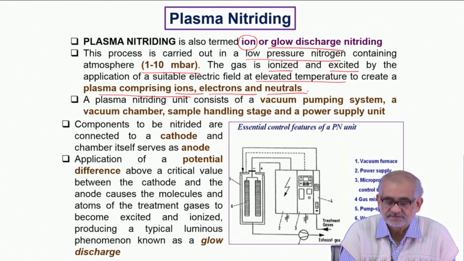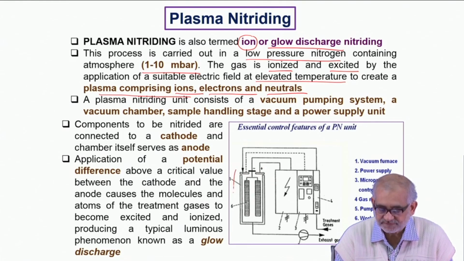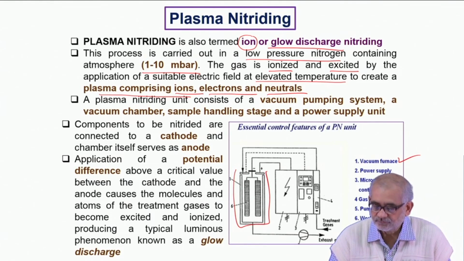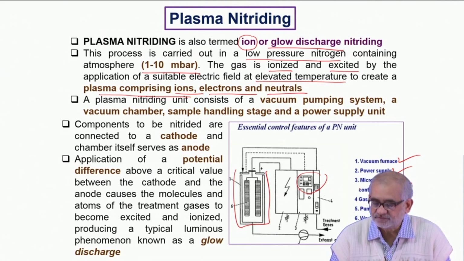The overall plasma nitriding unit contains the vacuum furnace. We need a power supply which supplies power to the unit for ionization. We need a microprocessor control device which takes care of both the evacuation as well as the application of potential difference, control of current and so on.